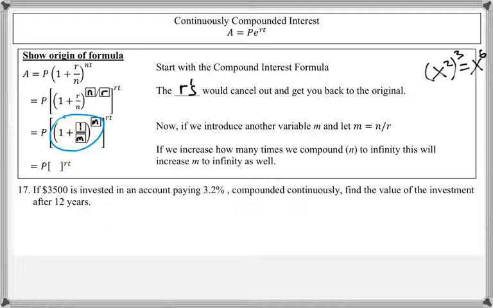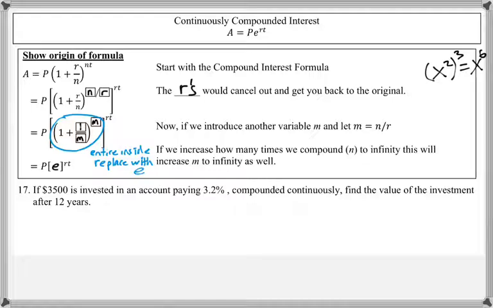So if you look back at our formula for E, this is what it was with a variable, or using m here, going to infinity. So I'm going to replace the entire inside with E. And that's really where we get the formula from.